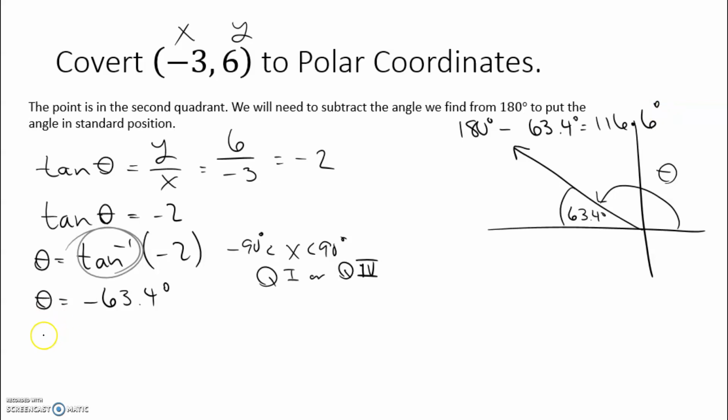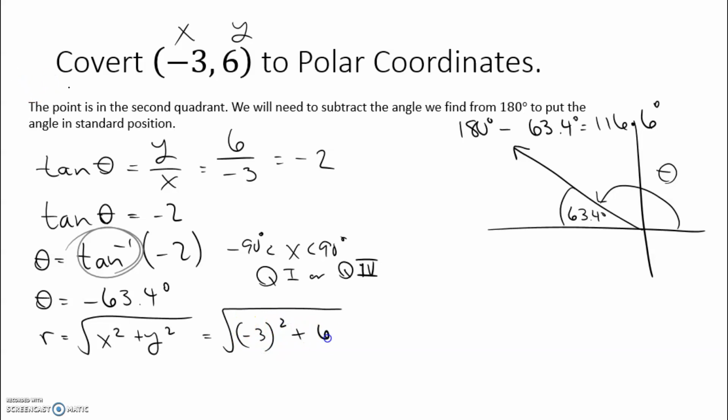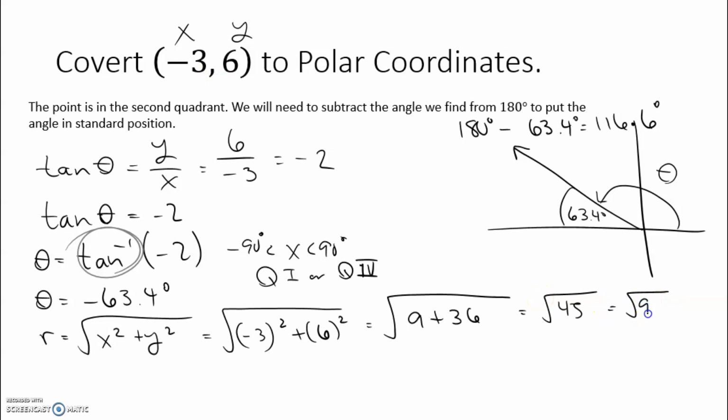All right, and then we're going to find r, which is the square root of x squared plus y squared, which is the square root of negative 3 squared plus 6 squared, which is the same thing as 9 plus 36, or 45, and I can break 45 up into 9 times 5.